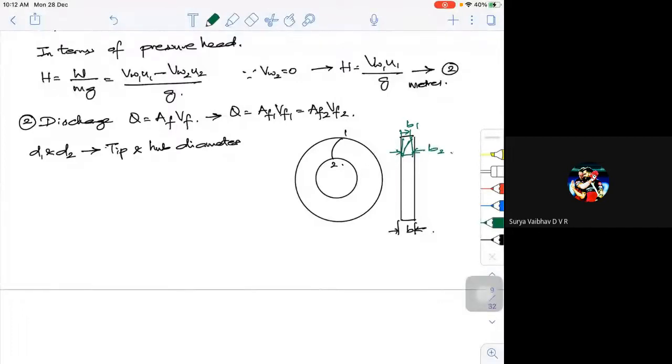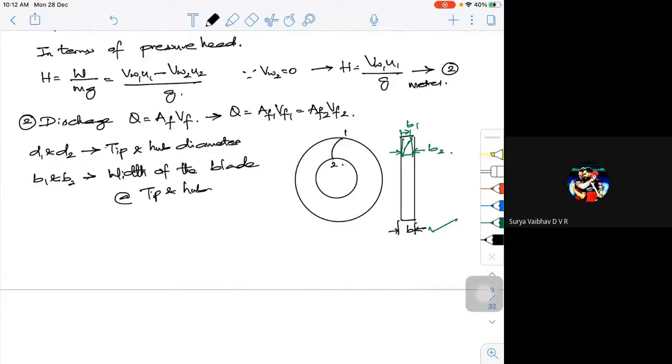If my width is constant, then I can go with a single width B1. If there is a little bit of taper with respect to the blade, then I can write it as B1 and B2, which are the width of the blade or vane at tip and hub respectively.